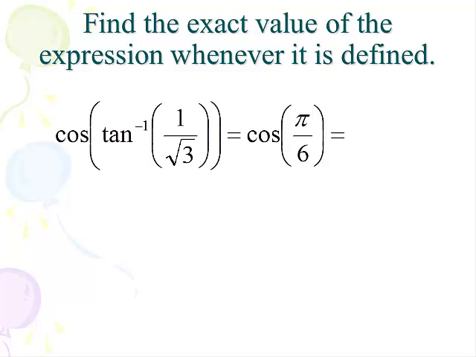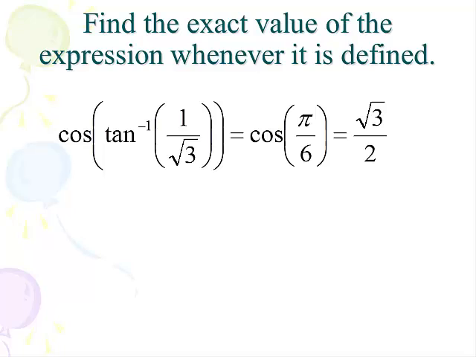We gave it a positive argument, so we had to come up with a quadrant 1 angle, and the inverse tangent of 1 over square root of 3 is pi over 6. Now we have to find the cosine of pi over 6. And the cosine of pi over 6 is square root of 3 over 2. From start to finish, we wanted the cosine of the angle whose tangent is 1 over square root of 3. That meant we want the cosine of pi over 6, and the cosine of pi over 6 is square root of 3 over 2. Let's move on to our last problem.